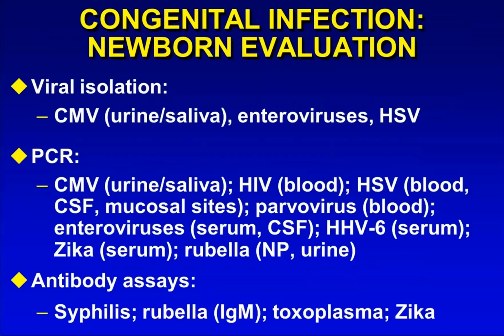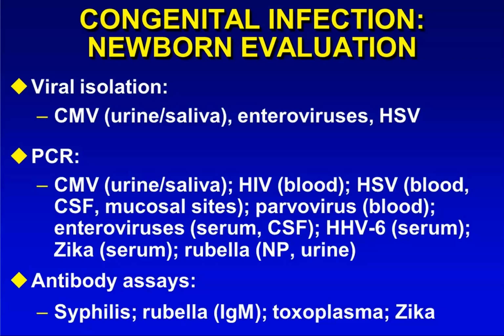CMV IgM not only has a very low sensitivity, with only 60 to 70% of babies with congenital CMV having a positive CMV IgM, but also CMV IgM can be falsely positive both in pregnant women as well as in babies. As many as 5 to 10% of pregnant women and babies will have a positive CMV IgM, but they do not have ongoing CMV infection.